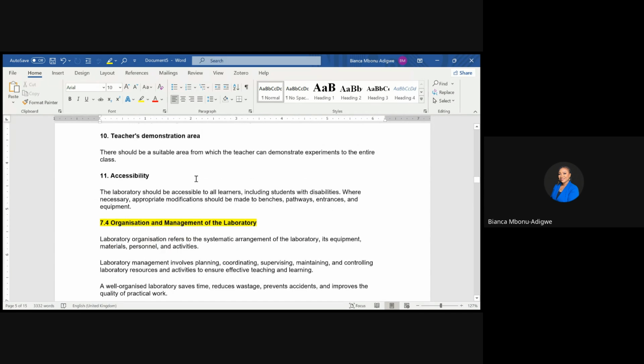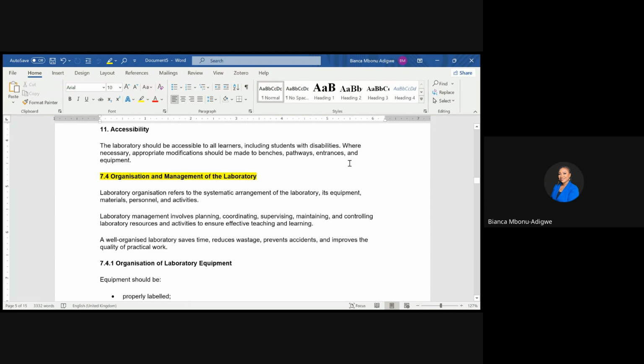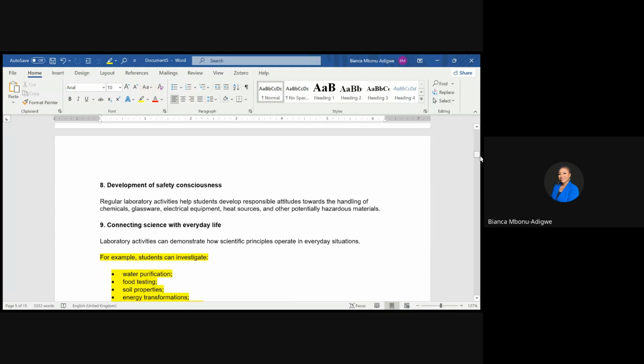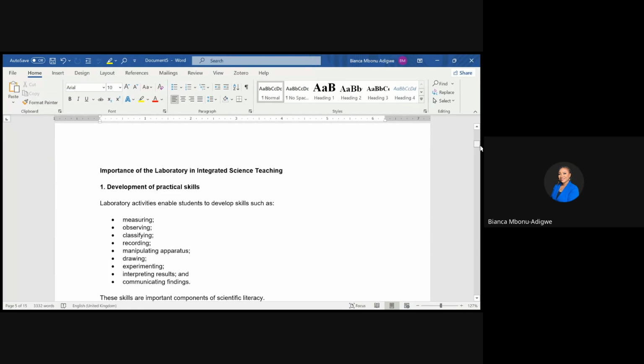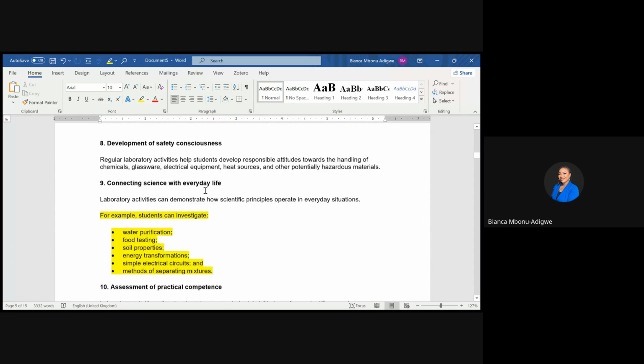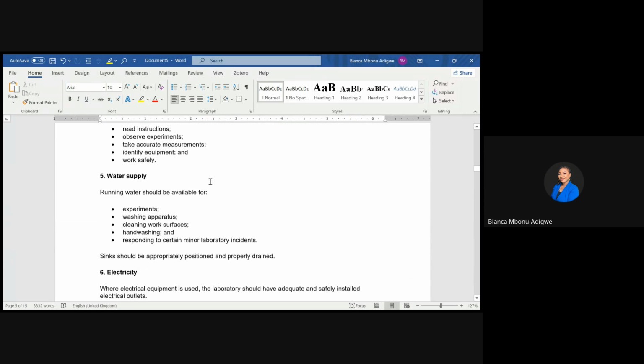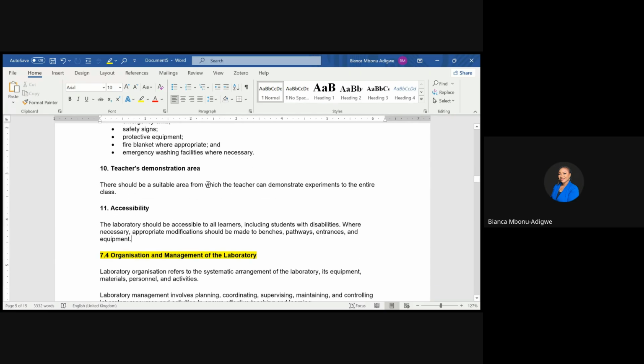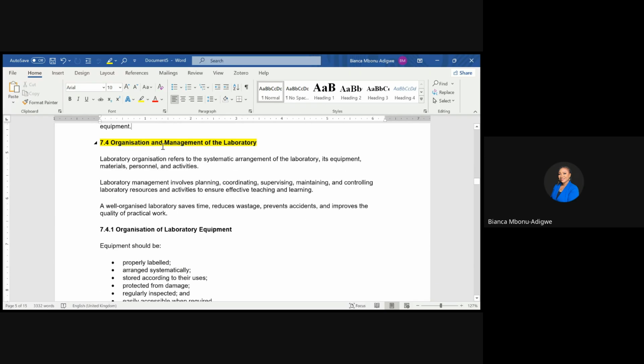All right, so before we go to organization and management of the laboratory, I want someone to quickly give me two importance of the laboratory in teaching science. Just unmute your microphone and give me two importance. Why do we need laboratories in science teaching?